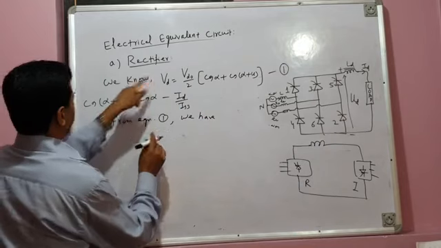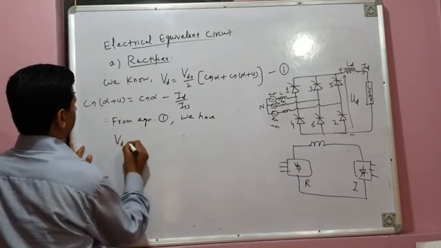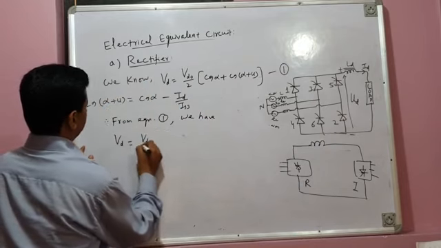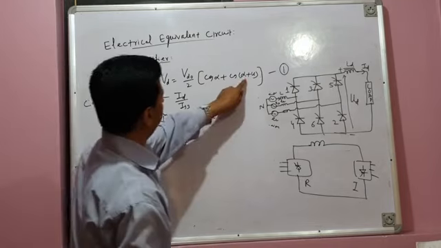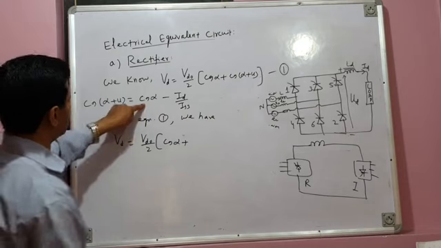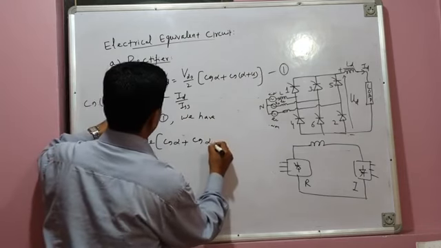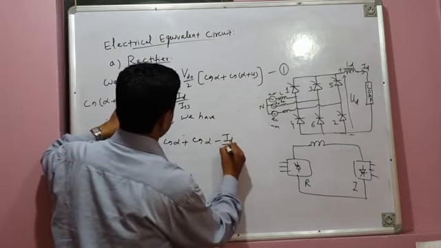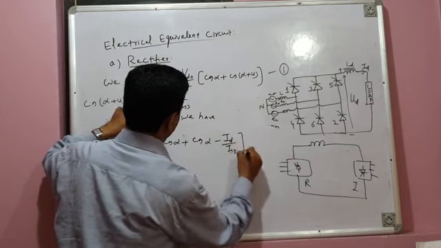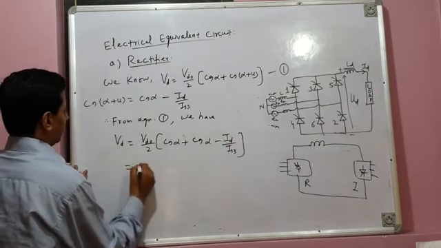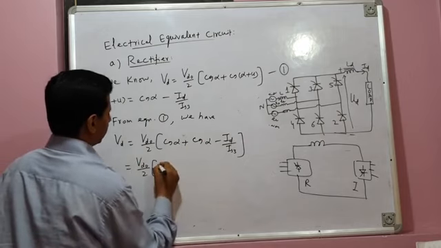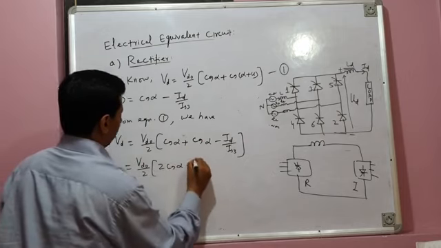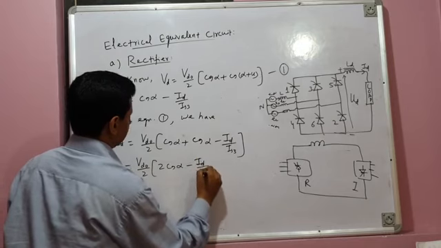We have Vd, that is converter average output voltage, equal to Vd naught by 2 times cos alpha plus u. What is cos alpha plus u? We have just now got it. It is cos alpha minus ID by IS3. Fine. So this is further equal to Vd naught by 2 cos alpha plus cos alpha is 2 cos alpha minus ID by IS3.